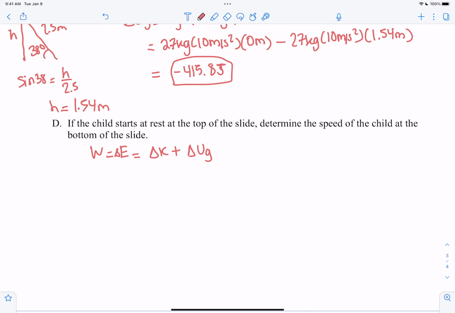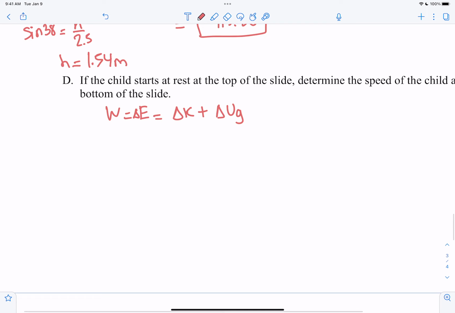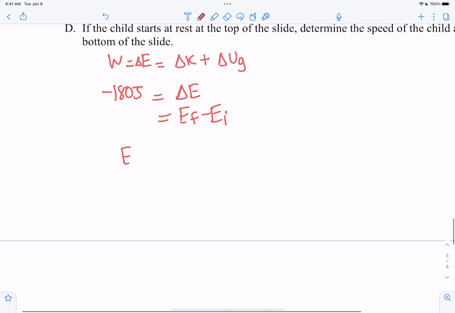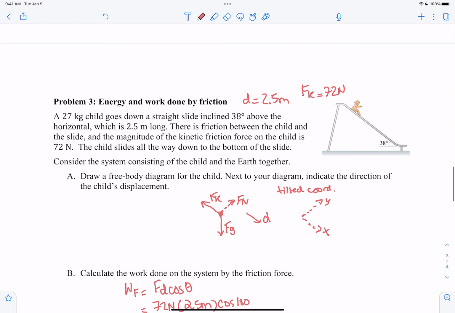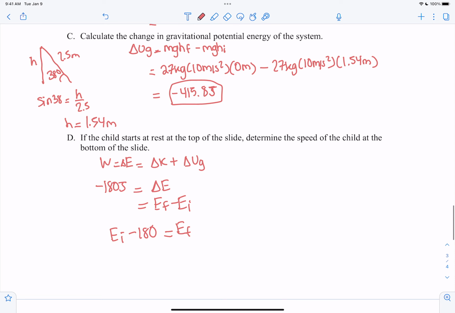So in this case, our work is equal to negative 180 joules, and that should equal our change in energy, EF minus EI. So EI minus 180 should be equal to EF, right?